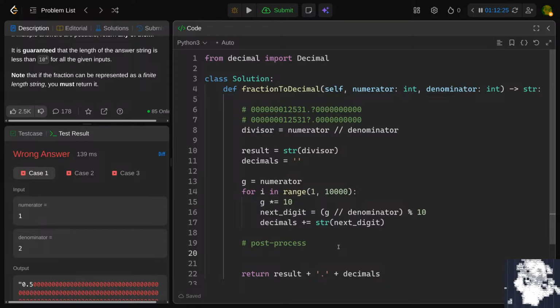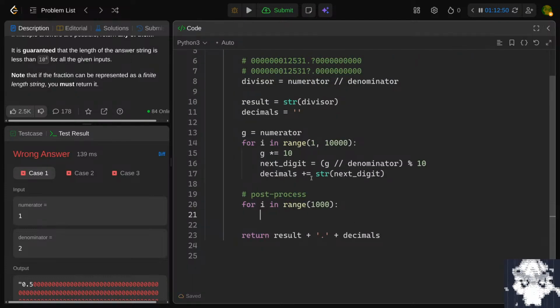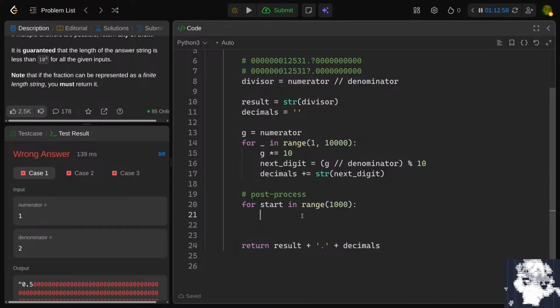So how do you recognize a cycle? So for i in range 1000, so this is going to be cycle starting points. I don't need the i here. So for cycle starting points, 0 to 1000.